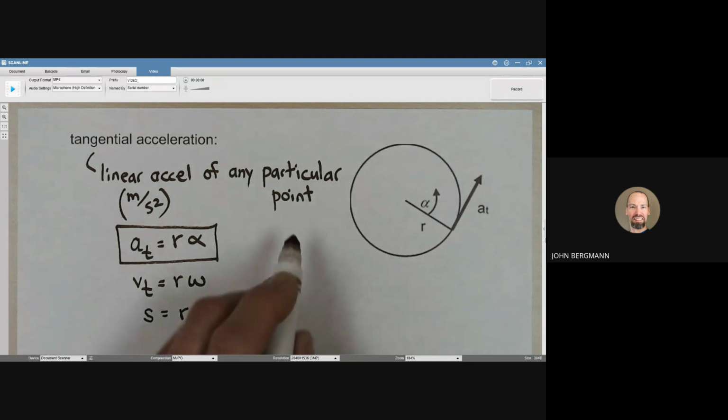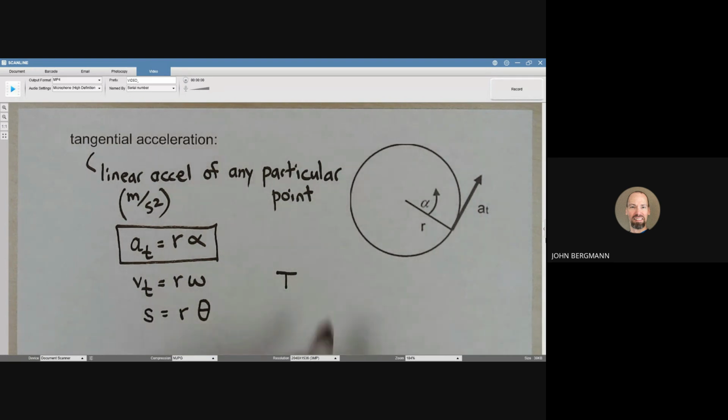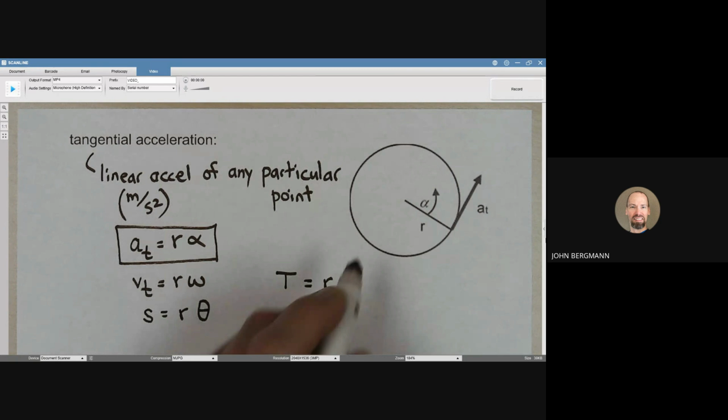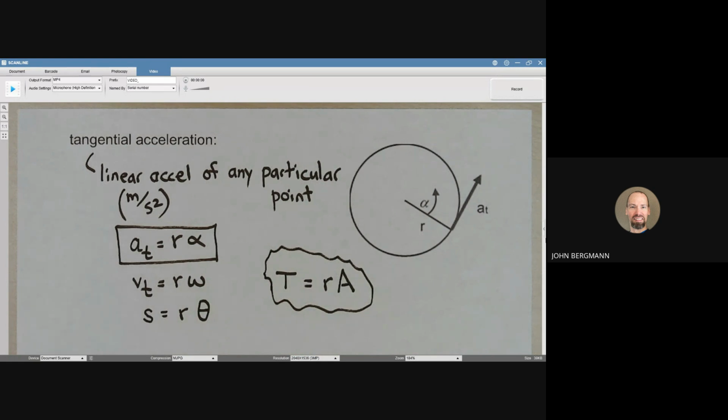In short, a tangential quantity, or a linear quantity, if you want to call it that, is equal to r, the distance we are from the rotational axis, multiplied by some angular quantity. That pattern holds for acceleration, velocity, and also for distance.